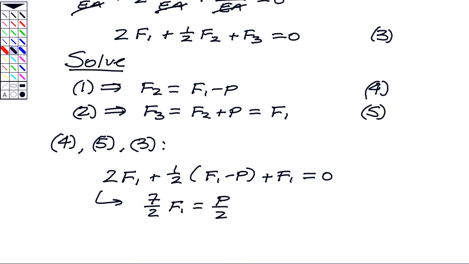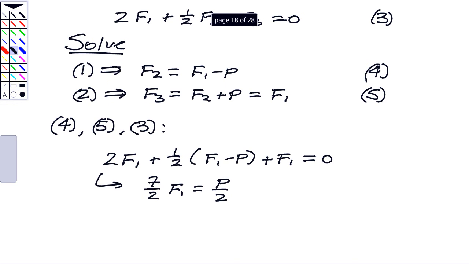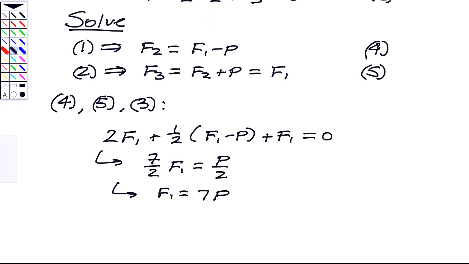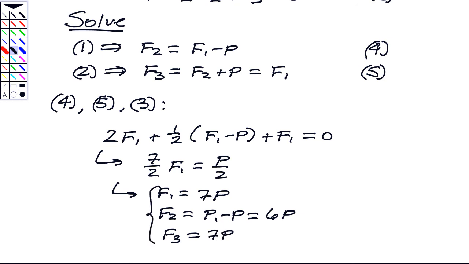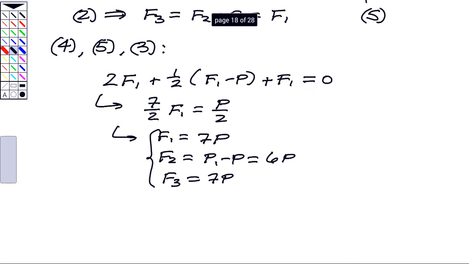So from that, I get that the axial load F1 is equal to 7 times the load P. F2 is equal to F1 minus P, so that ends up being 6P. And again, F3 and F1 are the same, so that's 7P. So these are the loads, the forces.